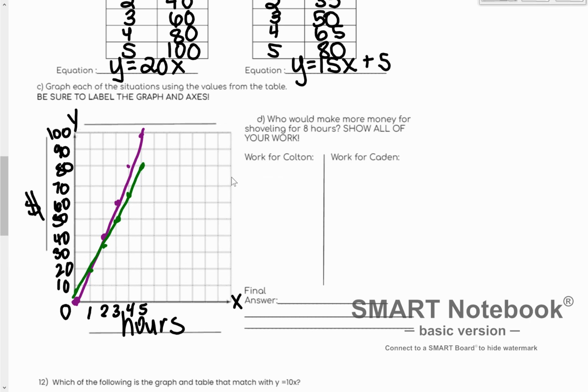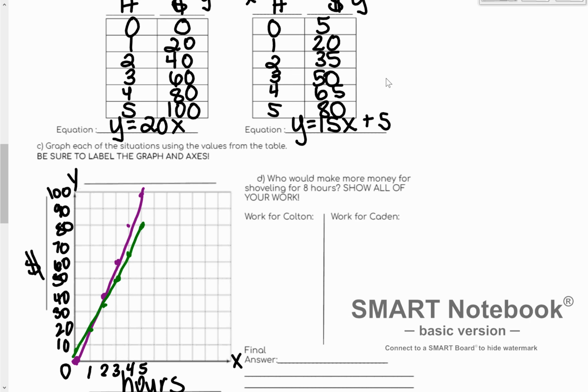Okay. Who would make more money for shoveling 8 hours? So again, let's do Colton first. He makes $20 an hour, so he would make 20 times 8. Our little tens trick, if it has a 0, 2 times 8 is 16. Add the 0 on, he would make 160. Now Caden's is a little more difficult.